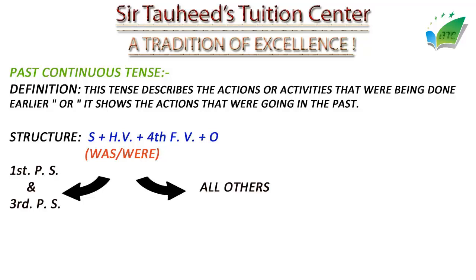Third person plurals are they, or you could use two or more nouns, then they become third person plural. With them you use were. So remember, were is used if the subject is other than first person singular and third person singular.